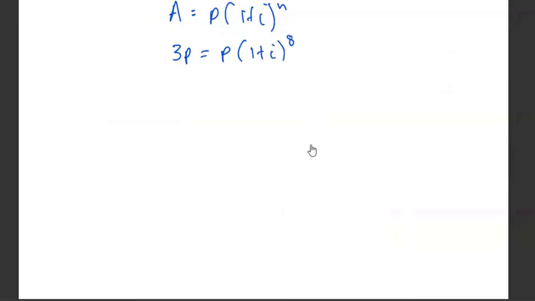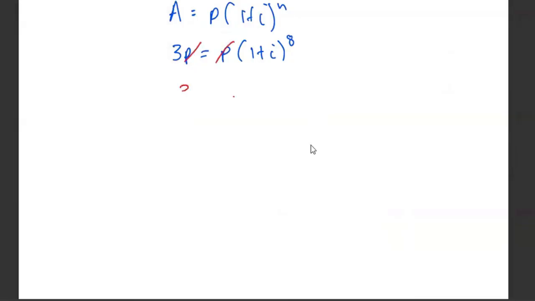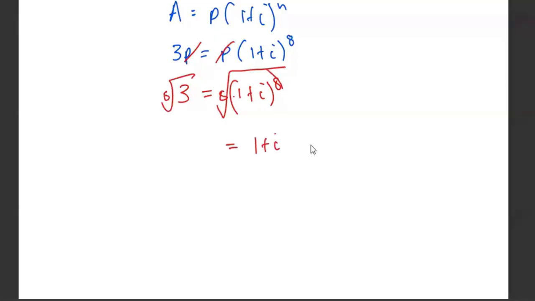Start by canceling out the P's, meaning that 3 is equivalent to 1 plus i to the exponent of 8. For us to get rid of the 8, we need to find the 8th root on either side, which cancels that. On the left, we have 1 plus i. Now, for us to get the 8th root from our calculator, it will be the shift button or the second function, and then you press the square root button.